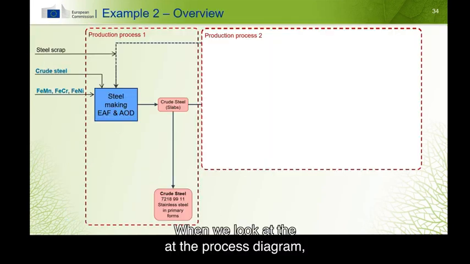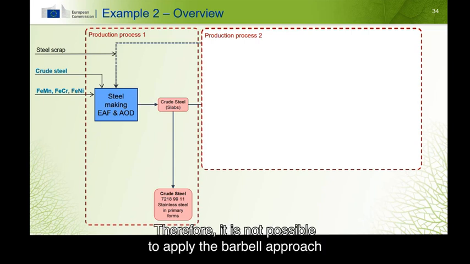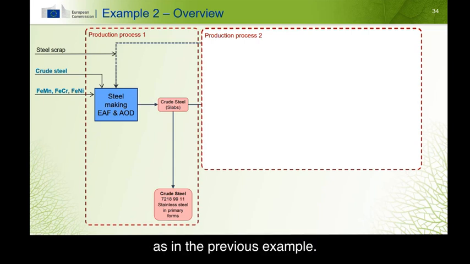When we look at the process diagram, the first thing we notice is that the product of the first production process, the crude steel slabs, are sold on the market. Therefore, it is not possible to apply the bubble approach as in the previous example.